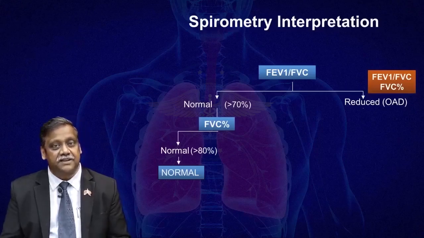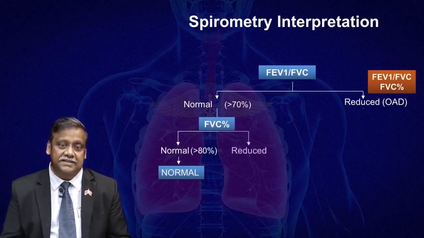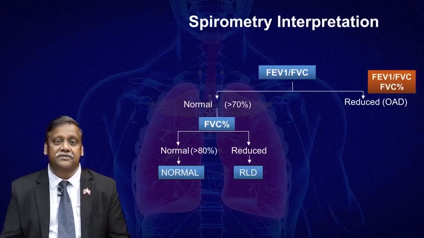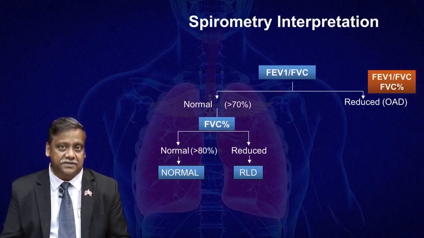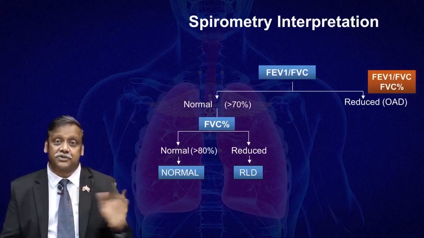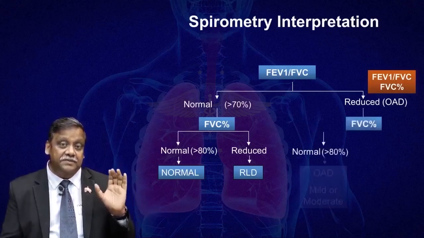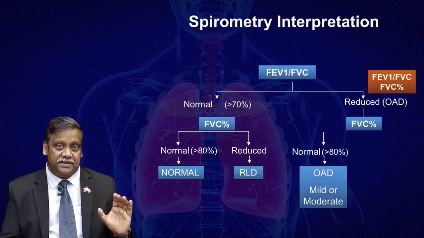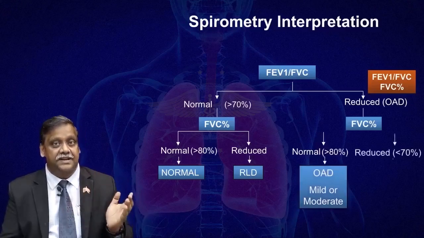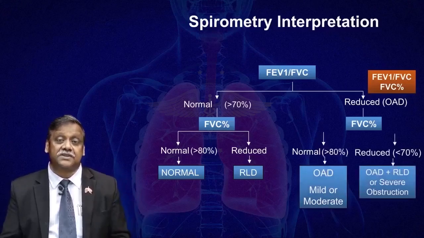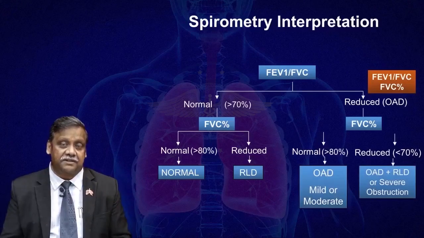If the ratio is more than 70% and the FVC is less than 80%, then it is indicative of restrictive lung disease. On the other hand, if your FEV1 upon FVC ratio is less than 70%, it is obstructive airway disease for sure. If the FVC is normal, then it is mild or moderate obstructive airway disease, and if the FVC is less than 80%, then either it is severe obstructive airway disease or this is a mixture of obstructive and restrictive lung disease.